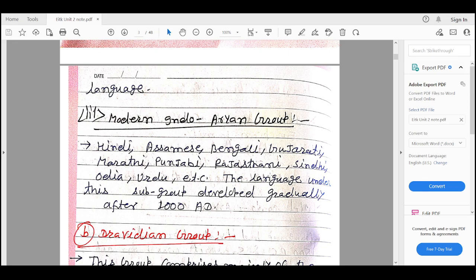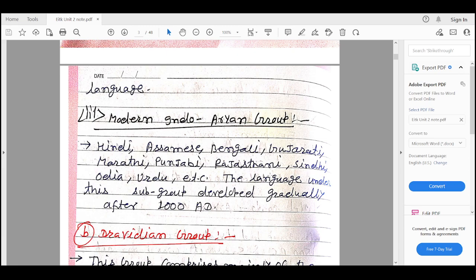The Dravidian group has a family of languages: Telugu, Tamil, Kannada, Malayalam. These are the languages that are part of the Dravidian language family.